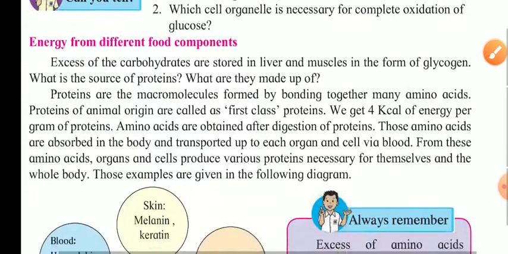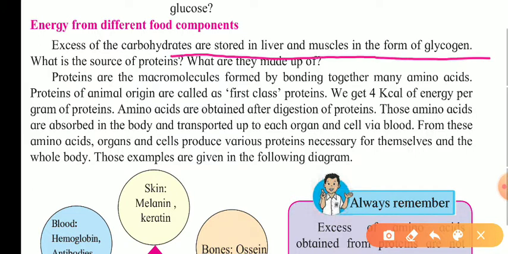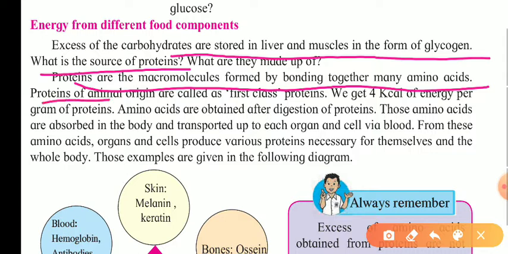Further, when we talk about the energy from different food components, different food components produce different types of chemicals in the body. Carbohydrates are stored in the liver and muscles in the form of glycogen. Proteins are macromolecules formed by bonding together many amino acids.